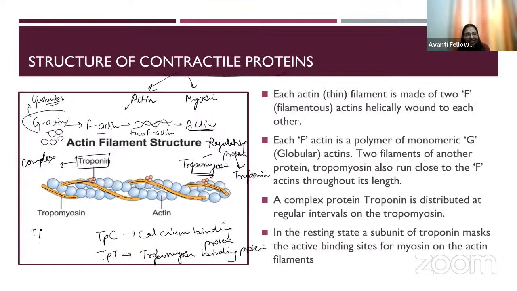And the third one is TnI, which has a role in inhibition. What this protein does is it masks the myosin binding site of the actin and does not allow the interaction between the actin and the myosin.